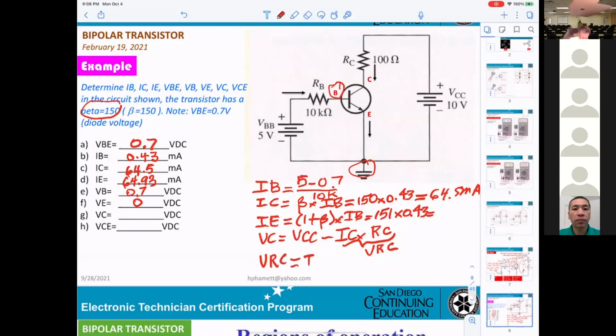And this one, VRC, equals IC times RC, equals IC 64.5 times 100 ohm.